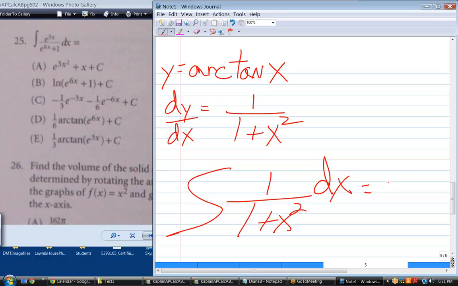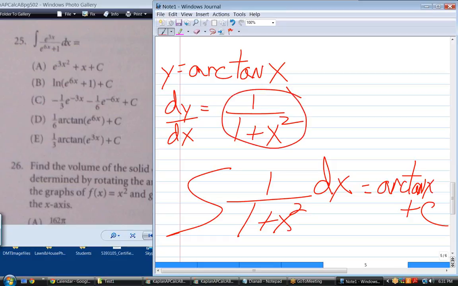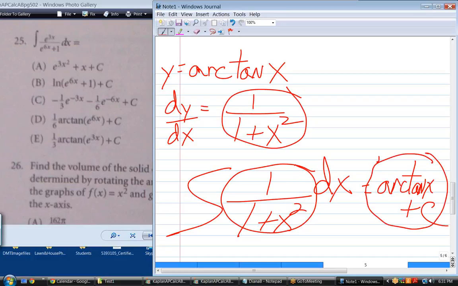Uh-huh. Arctan of x plus c. In other words, if this is the derivative of arctan, then the integral of that has to be arctan, because the derivative of this must equal that.